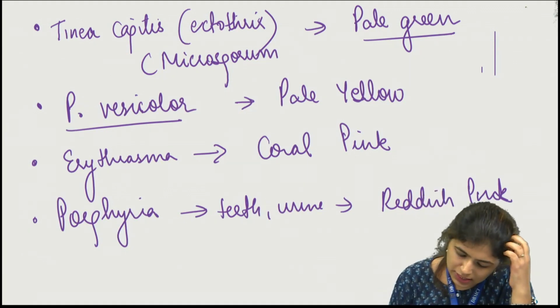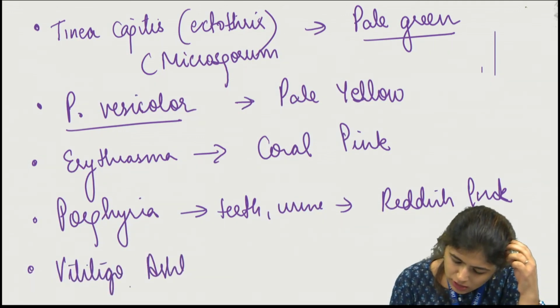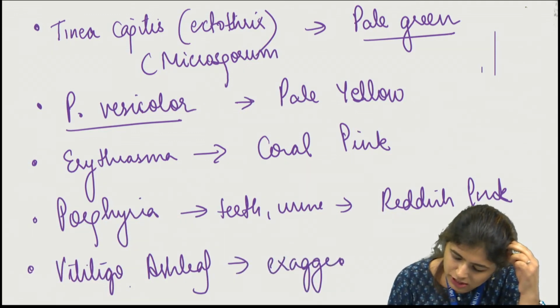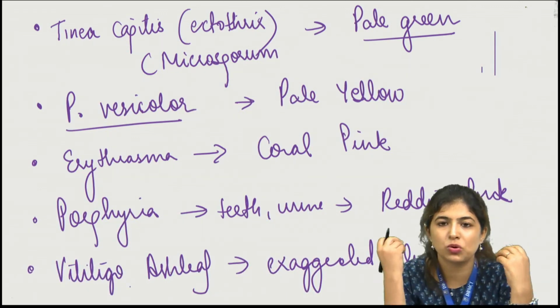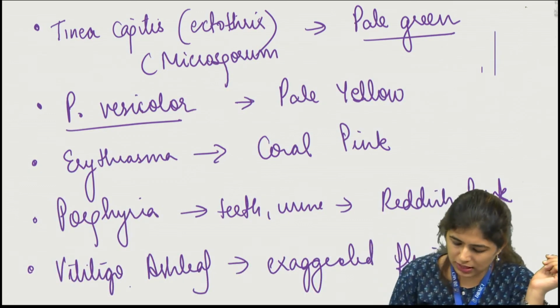Okay, these are some of the important Woods lamp positivities. Other causes like vitiligo or ash leaf macules may show exaggerated fluorescence only. There may not be any color, you will just see it more white as compared to the surrounding skin.